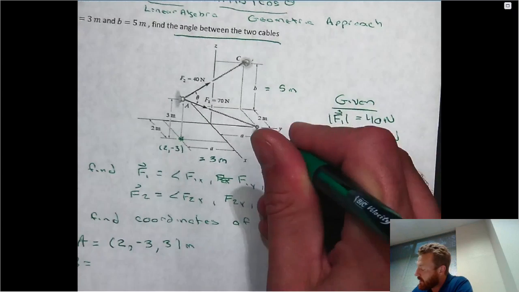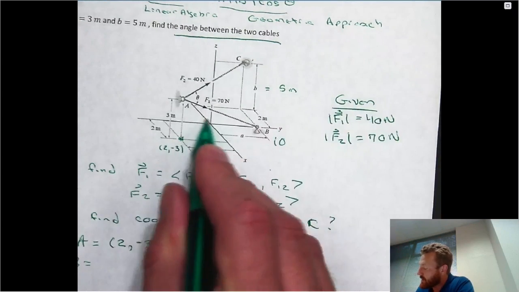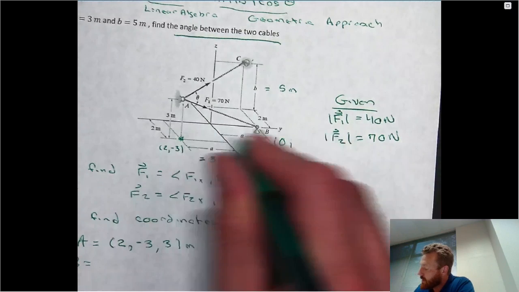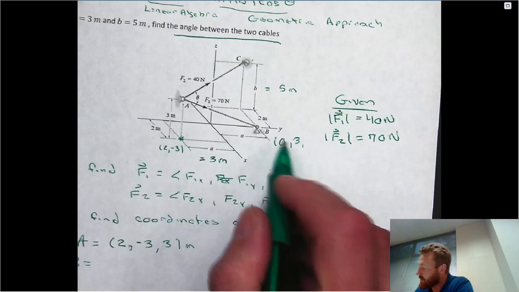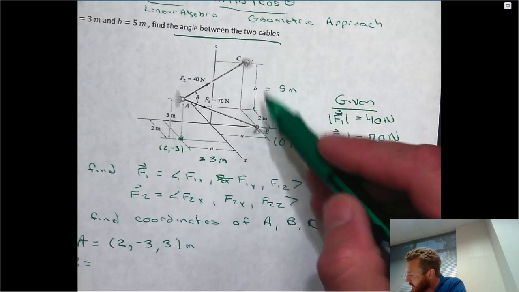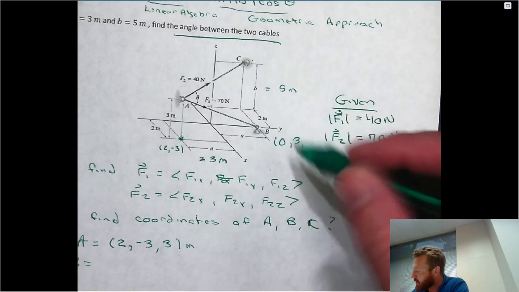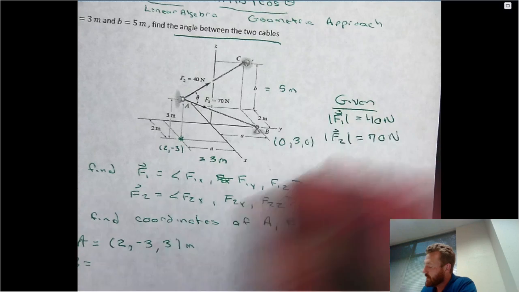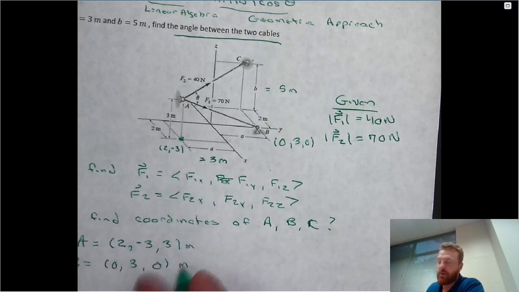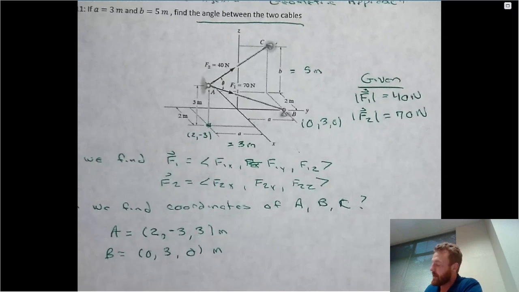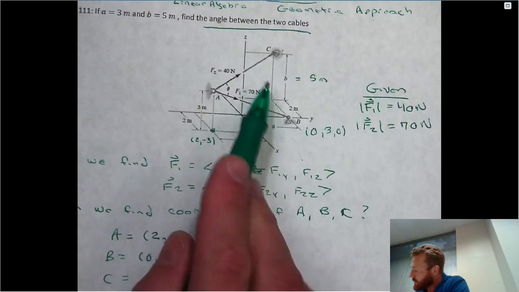I'm going to write this out. The x-coordinate is 0 because it's along the y-axis. The y-coordinate is whatever the value of A is, which we were told is 3 meters. Notice that's in the positive y direction. In addition, it's sitting in the xy plane, so there is no z component; the z-coordinate will be 0. Whenever I say component when I'm talking about coordinates, I mean the actual coordinate value.